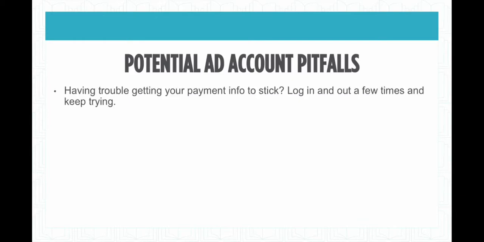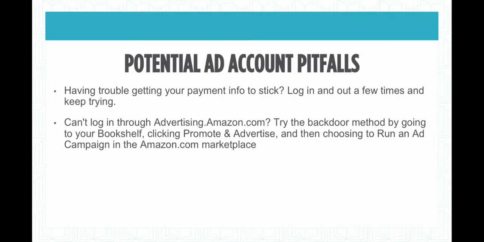There are some pitfalls when you're starting an account. If you're having trouble getting your payment info to stick, I recommend logging in and out a few times, continuing to put it in. Usually that does the trick. If you can't log in through regular advertising.amazon.com, try that backdoor method. Go to your bookshelf, promote and advertise, and then pick Run an Ad Campaign in the US.